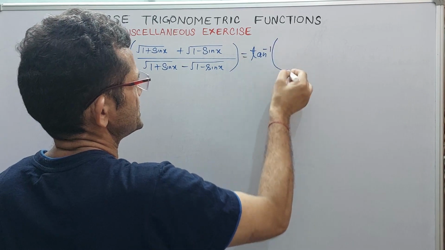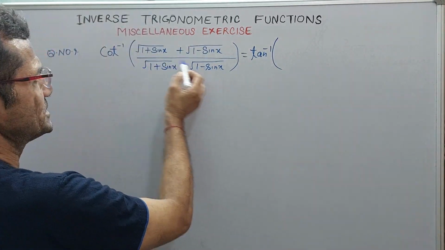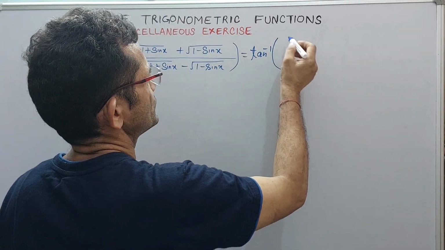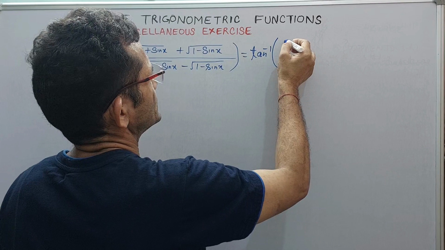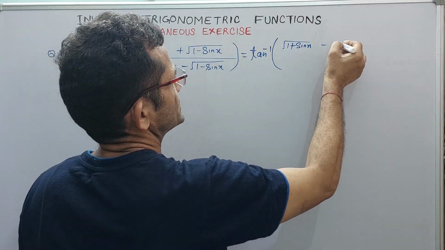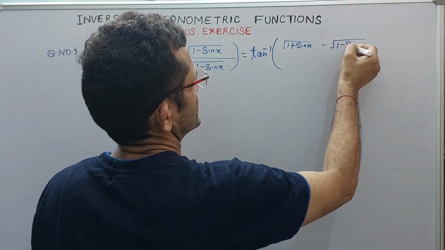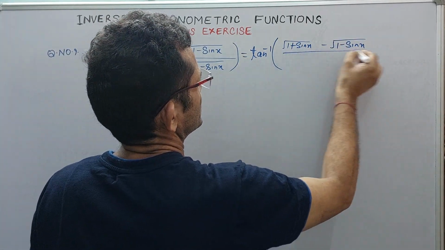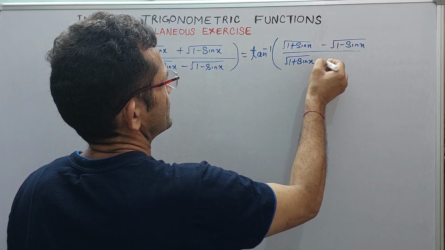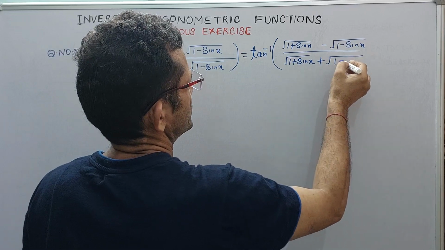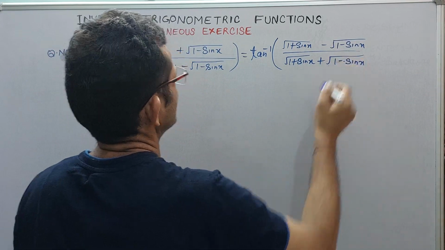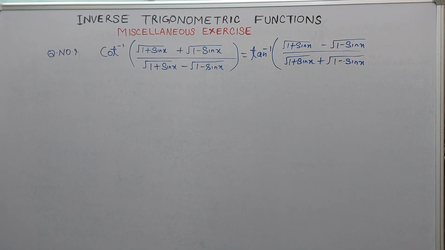Just interchange denominator and numerator, so our denominator becomes our numerator: square root of 1 plus sin x minus square root of 1 minus sin x, divided by square root of 1 plus sin x plus square root of 1 minus sin x. Yes, this is our expression.